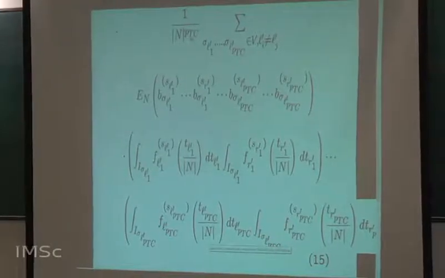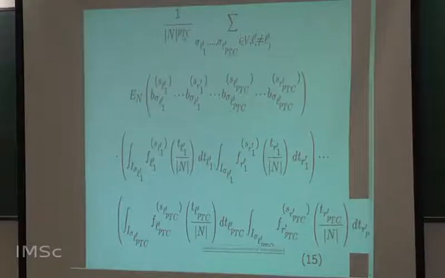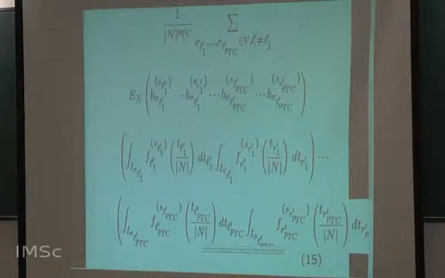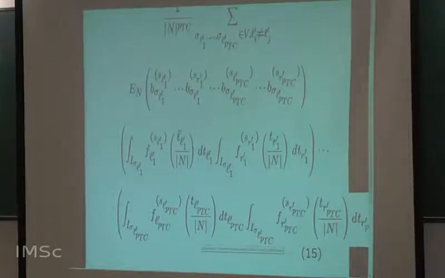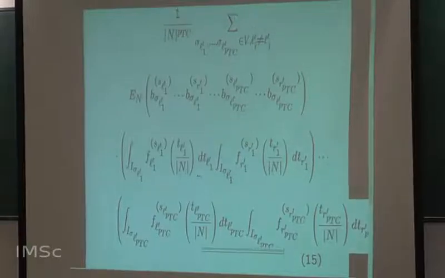PTC is the number of totally crossing pairs in the given partition pi. So we are now at a fixed pair partition, and it has a certain number of non-crossing pairs, and the total number of crossing pairs is exactly what we call PTC. And then we have all these products. As you see, they are distinguished here.